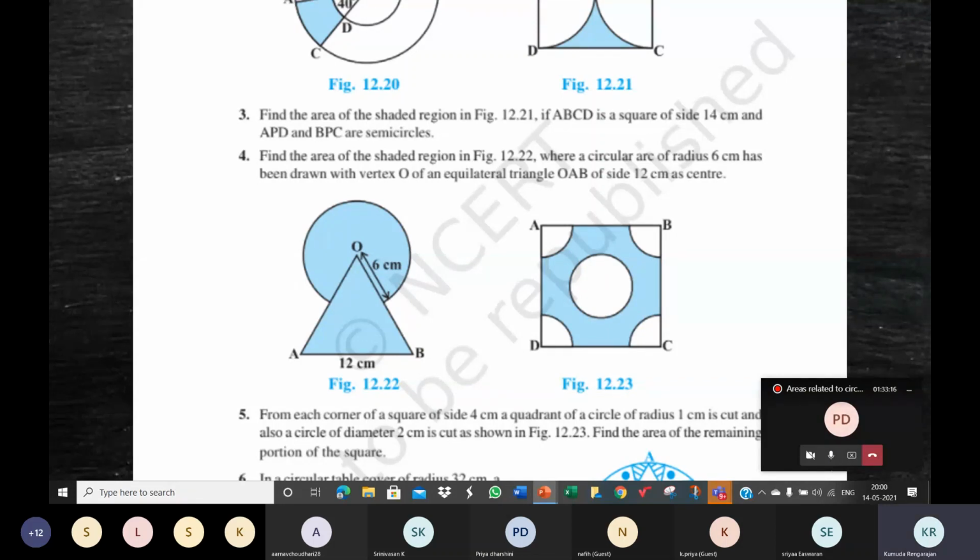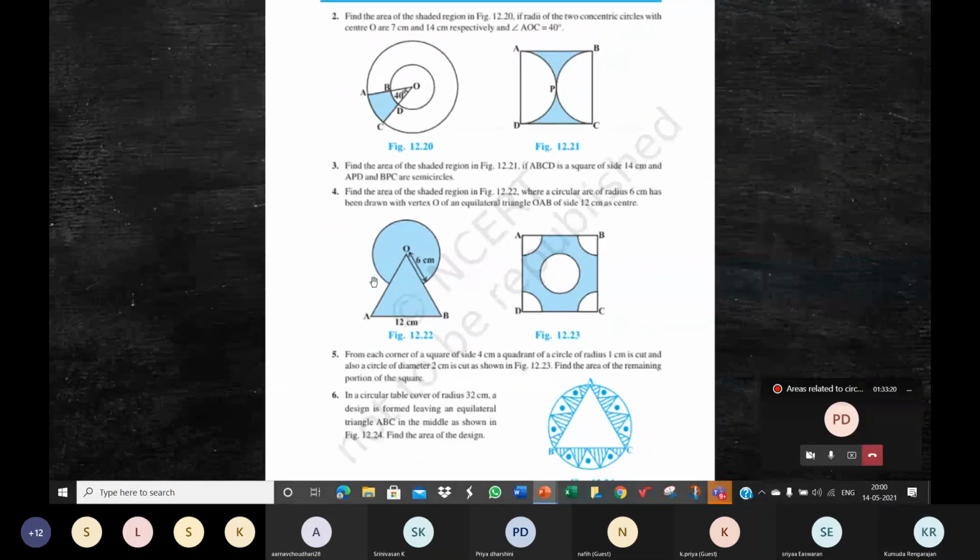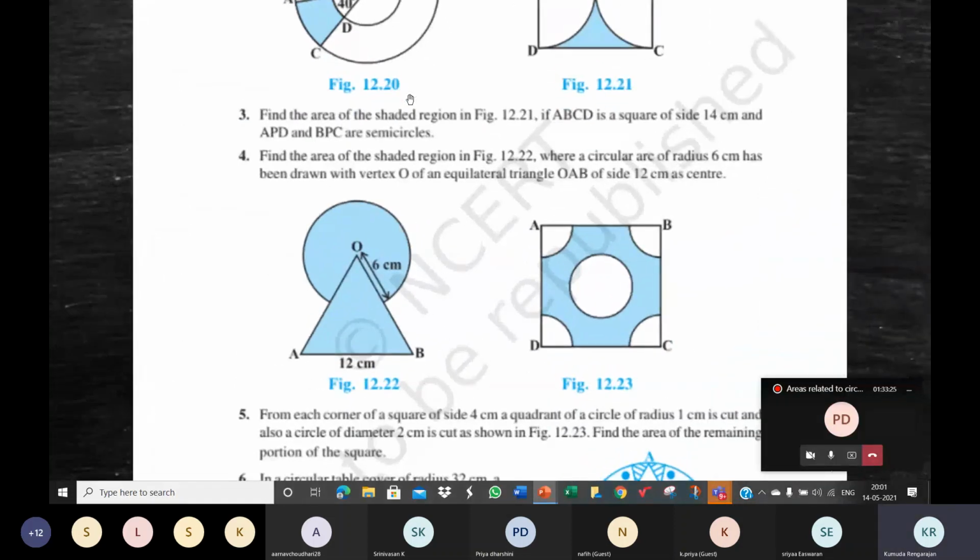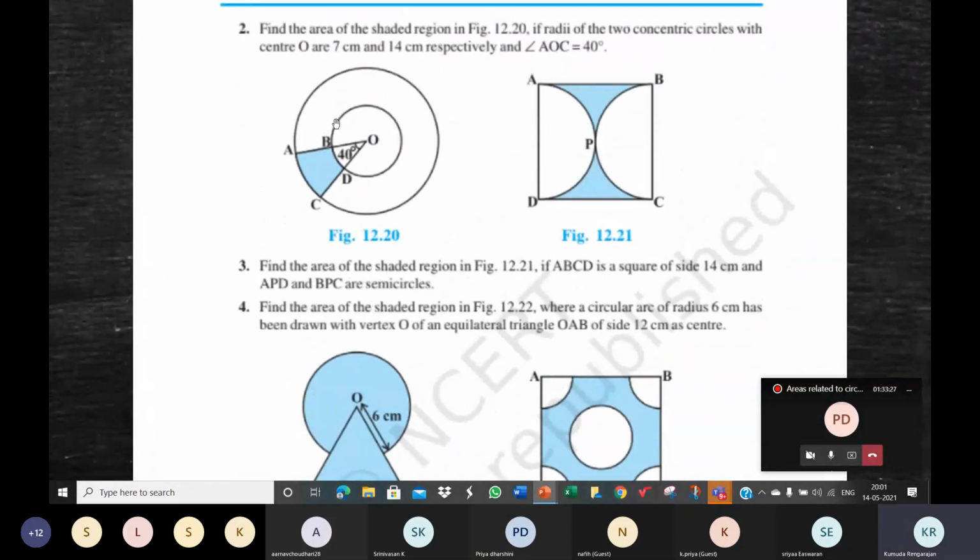All right, children. So that's about this one. What about this one, children? Read the question and tell me.